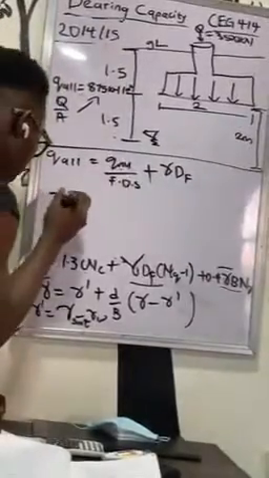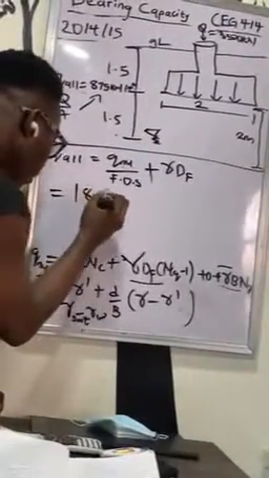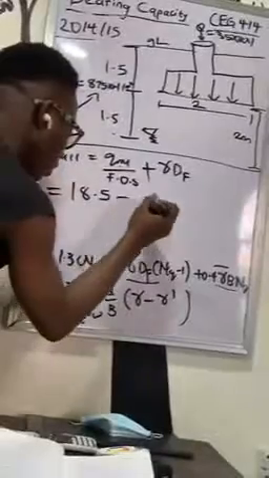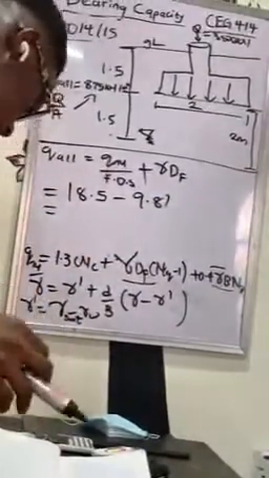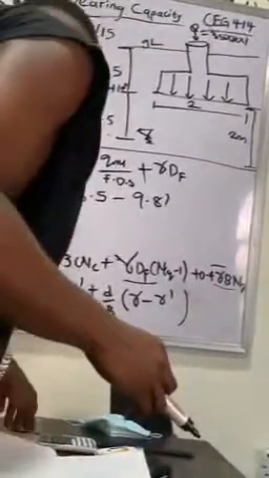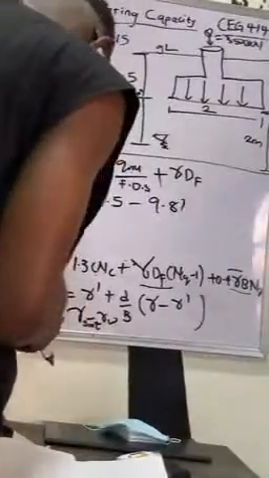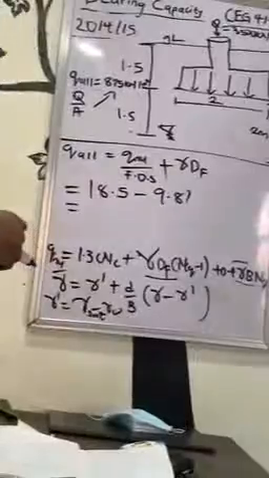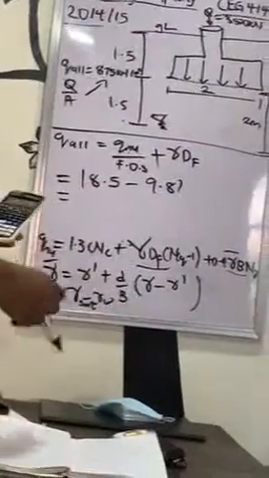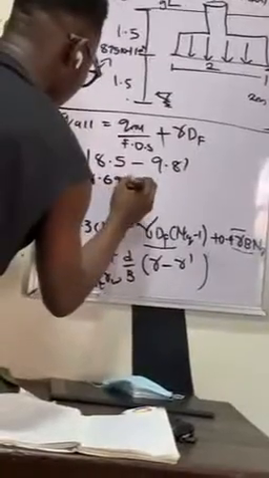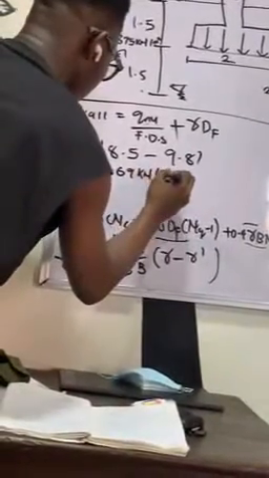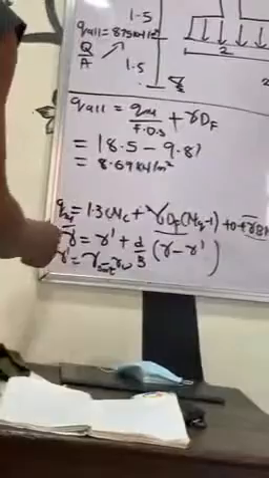Our gamma saturated now will become 18.5, and our gamma water, which is a constant, is 9.81. This should give the value of 8.69. That is our gamma prime.